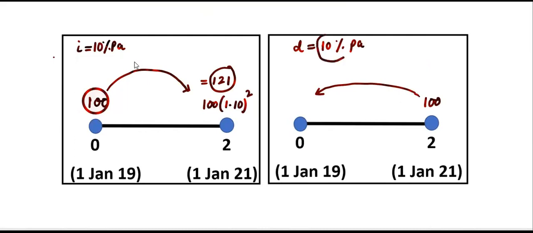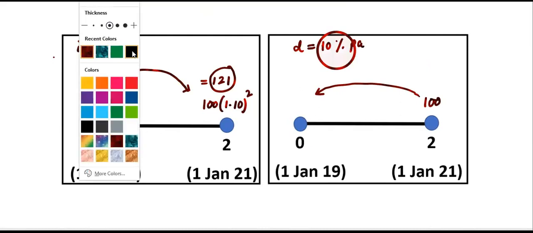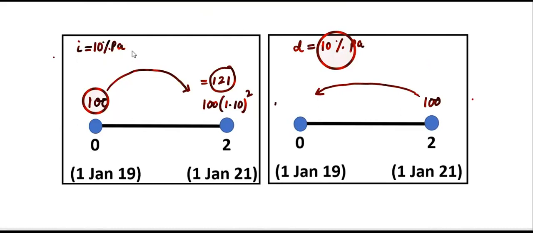Because d is given, we have no option to use i. We'll use d. And the formula is simple. We write 100(1-d)^2. This is 100(1+i)^2. So if you are finding the accumulated value, the forward value, we always use i. When you are finding discounted value, you have to use d if d is given. Here d is given.